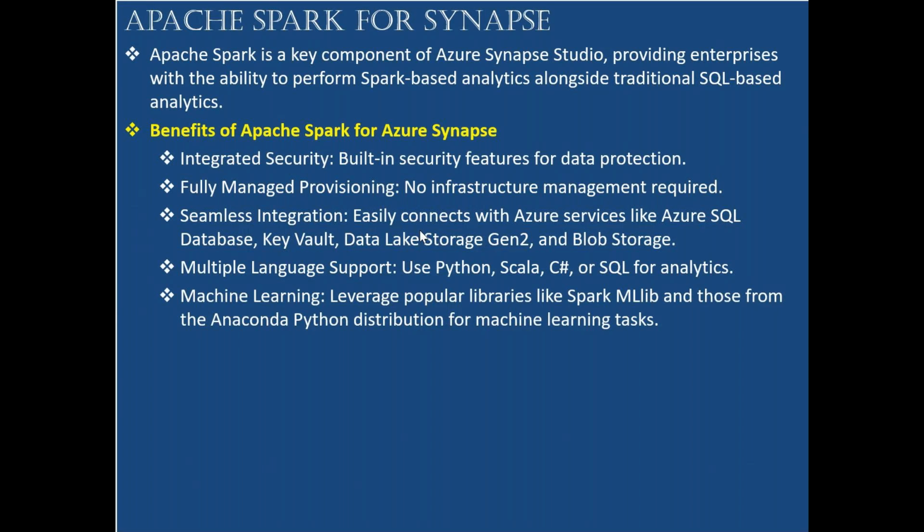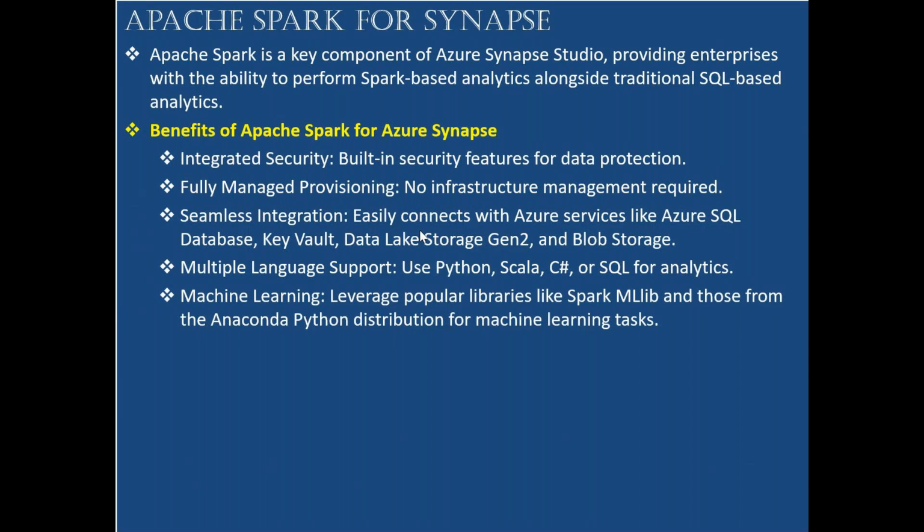Seamless integration: from the Spark cluster, using the notebooks, we can easily connect to Azure services like databases, Key Vault, Data Lake Storage, and Blob Storage. These Synapse notebooks also have multiple language support. We can use Python, Scala, C Sharp, and SQL for analytics.